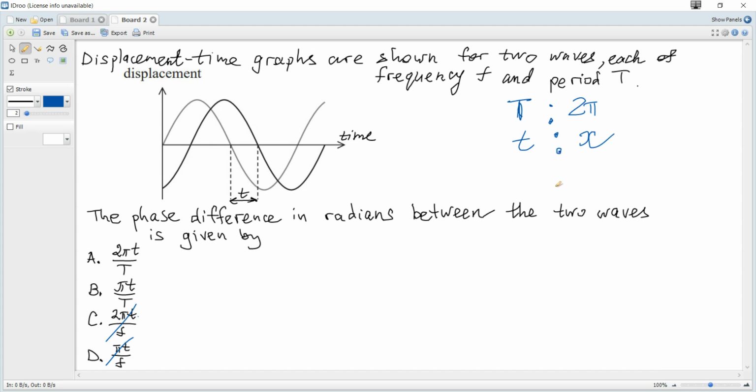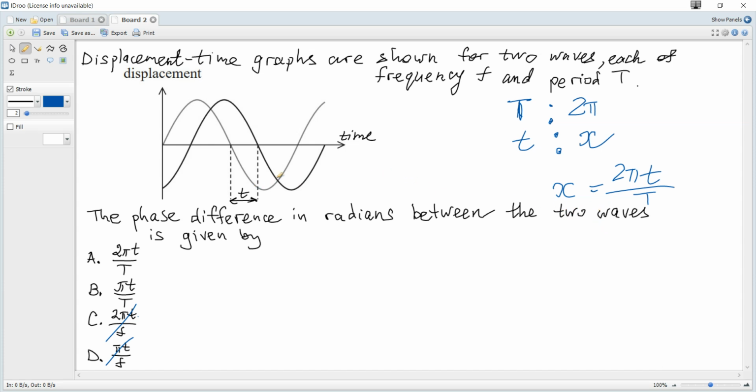Hence x is 2 pi, just apply cross multiplication, 2 pi t over the time period, and actually it's the required phase difference.